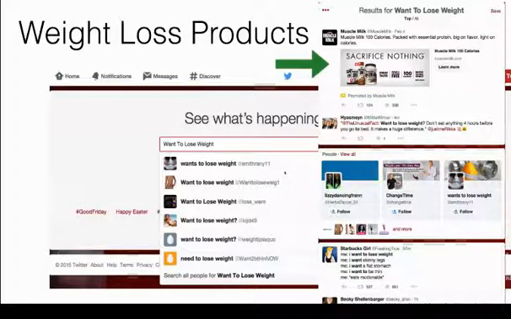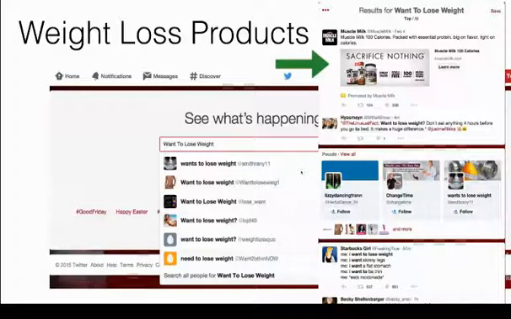If you think about the power of that, if you've got a product and it's a weight loss product, or a travel product, or whatever product you think about, think about what people could actively be talking about that you can put your product in front of. And with Twitter ads, you're able to have that show up directly in their newsfeed. One thing I want you to keep in mind is your interaction, let's say, even on Facebook.